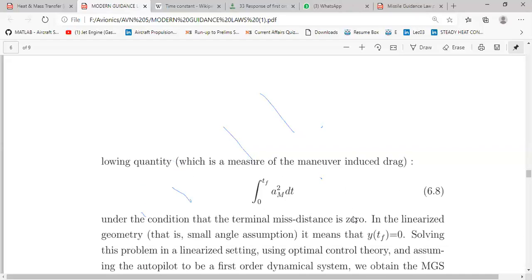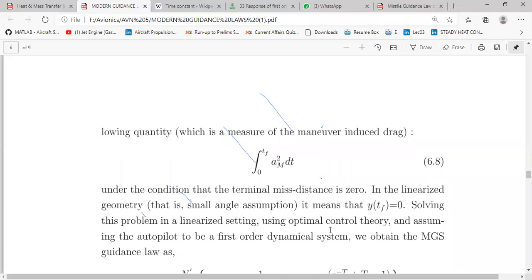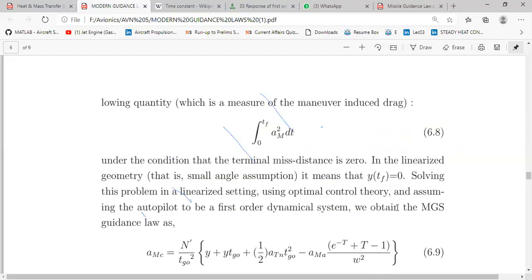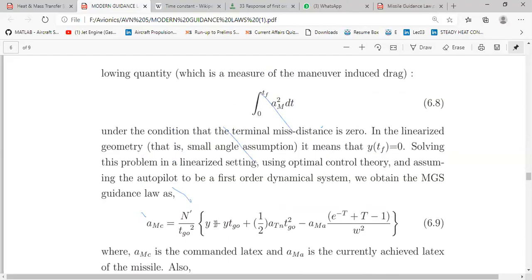This is one condition. So for linearized geometry and small augmentation angle, your y at TF will be 0, means miss distance at terminal phase is 0. And by solving this using optimal control theory, we are deriving this guidance law.